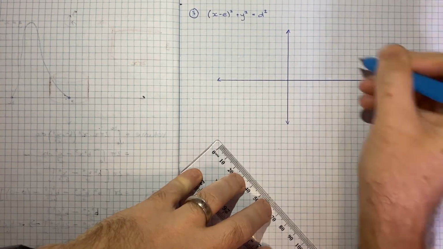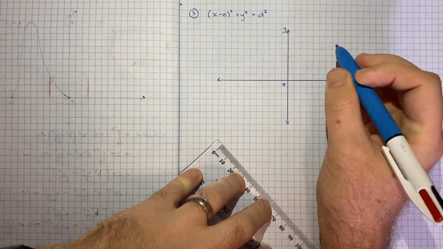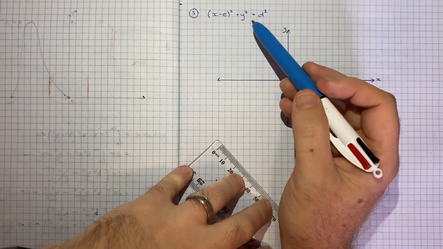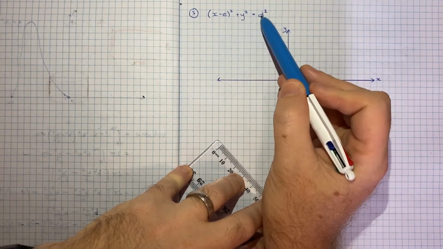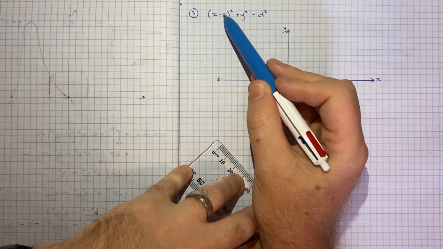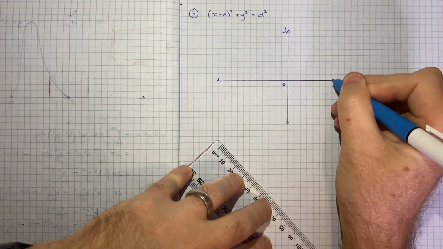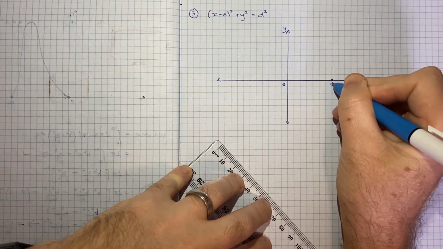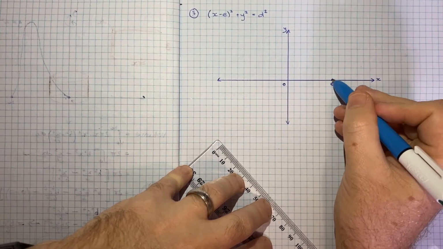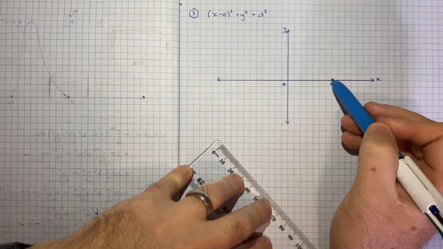Basically, with all these questions, as I've mentioned, I'm not giving certain values to d and e, so I'm just going to pick some point e that's going to represent the center of this circle, because we're at (e, 0).